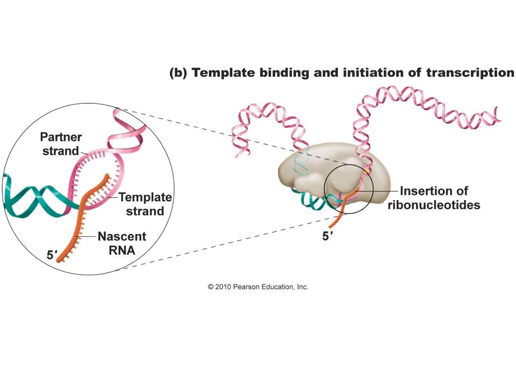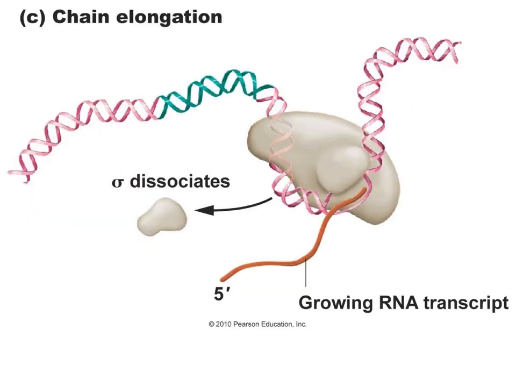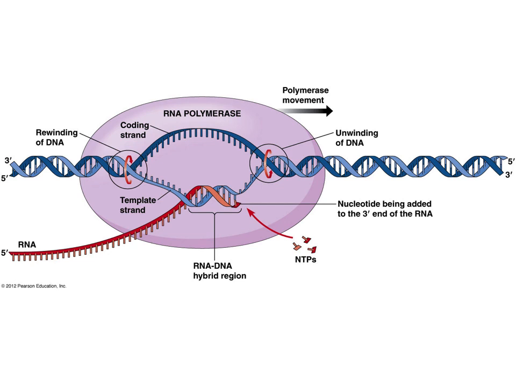So the polymerase will slide along this double-stranded double helix of DNA, creating a new RNA strand that is complementary to the template strand. Remember, the sigma factor is disassociated. This RNA transcript gets longer and longer. And what that looks like, if we're looking at the double helix and the nucleotides that are hydrogen bound to one another, you will see that as the polymerase moves from left to right in this image, the double helix has to unwind.